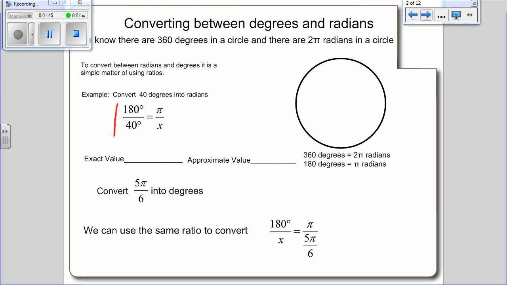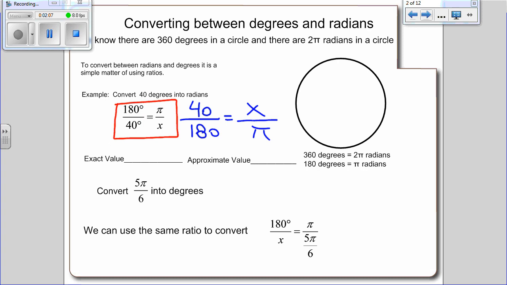I don't actually use this formula. That's the formula you're going to see in a lot of places if you look at any other references. I like to use that formula but flip it. So instead of having it 180 over 40 equals pi over x, I would go 40 over 180 equals x over pi.